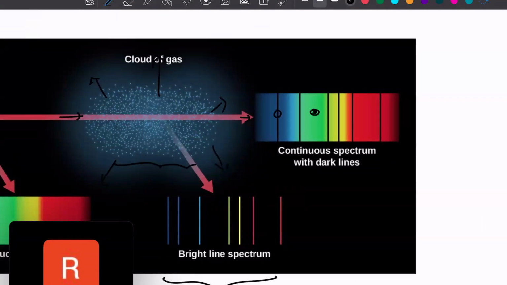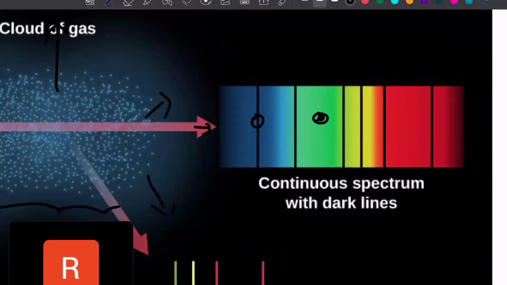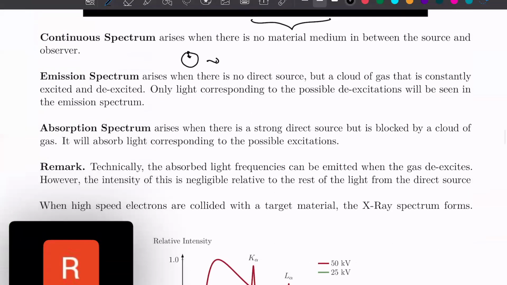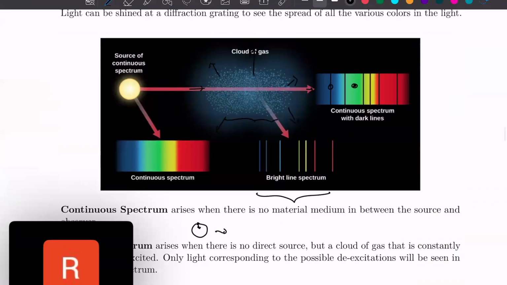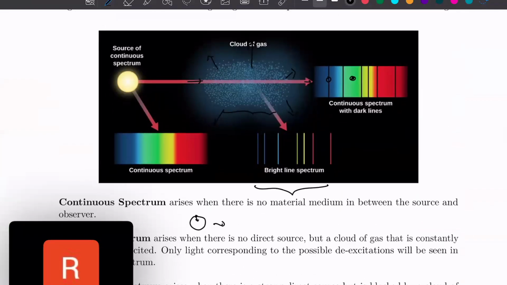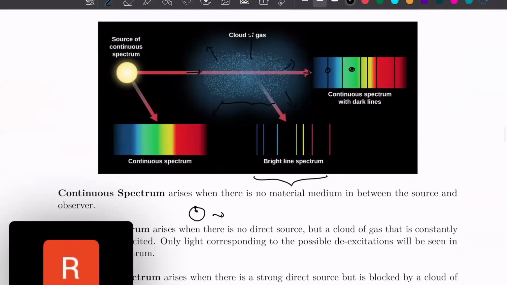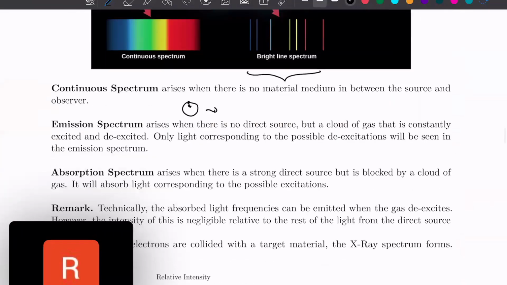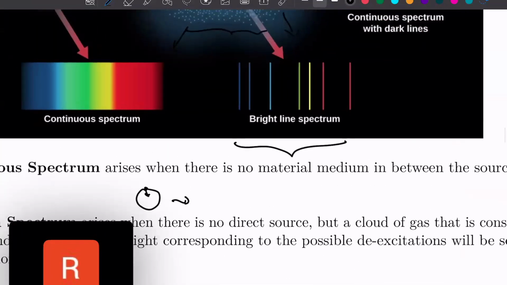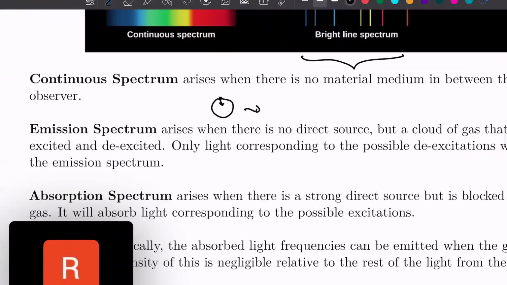But this one corresponds to an exact energy difference, so it will get absorbed and emitted in all directions, then the intensity will be less, and so you see it as a dark line. Yep. So absorption spectrums result in dark lines in a bright continuous spectrum, whereas an emission spectrum is a dark background with just a few lines.